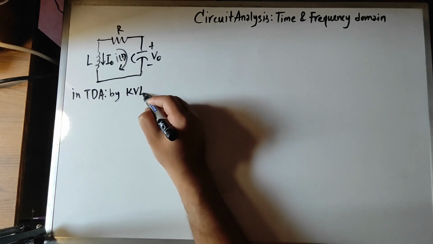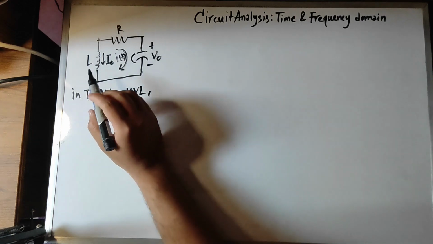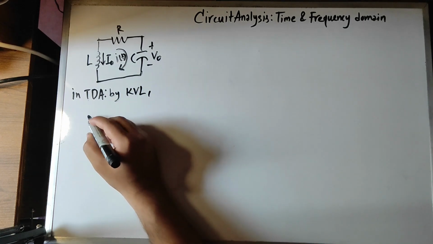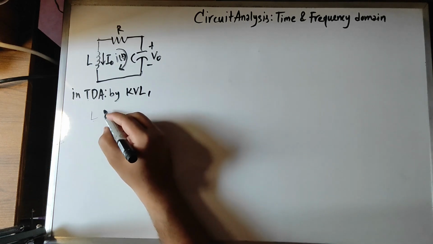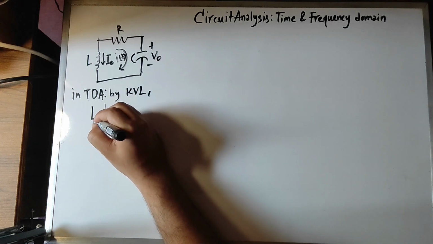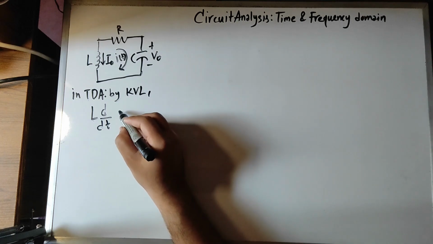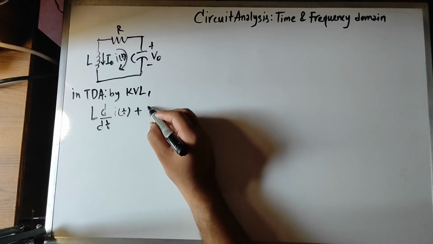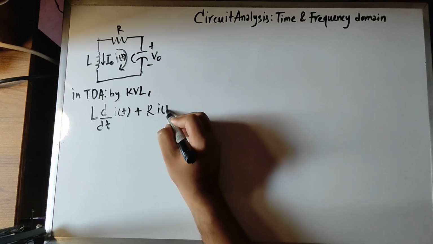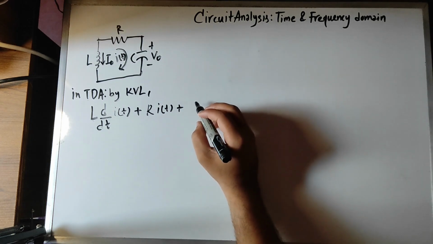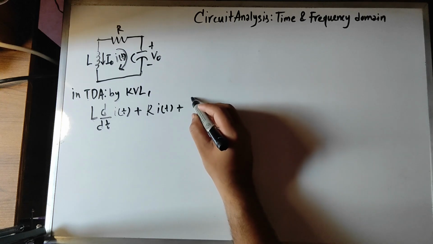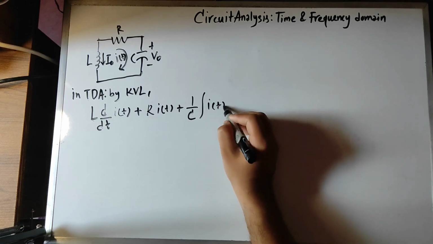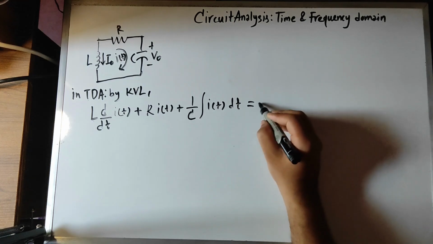By KVL, for the loop current, when current is going through the inductor, the voltage is L di/dt, plus R i(t), plus the voltage due to current through the capacitor, which is 1 by C integral of i(t) dt, equals 0.